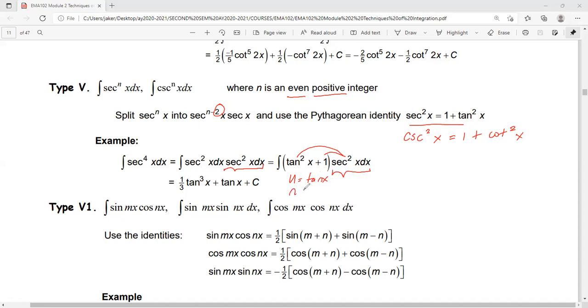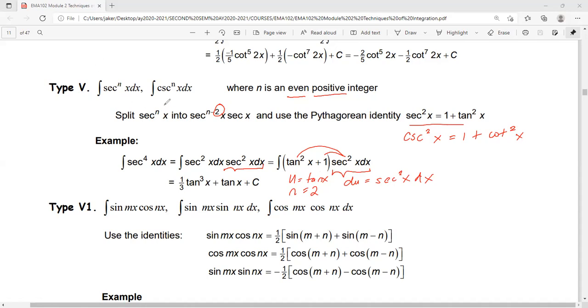The n is 2. The du of the tangent is the secant squared of x dx. So that is why it became tangent cube of x divided by 3. As for the secant squared of x dx, the integral of that is tangent of x. It's a simple trigonometric integral using only the formula for the integral of the secant squared of x dx.